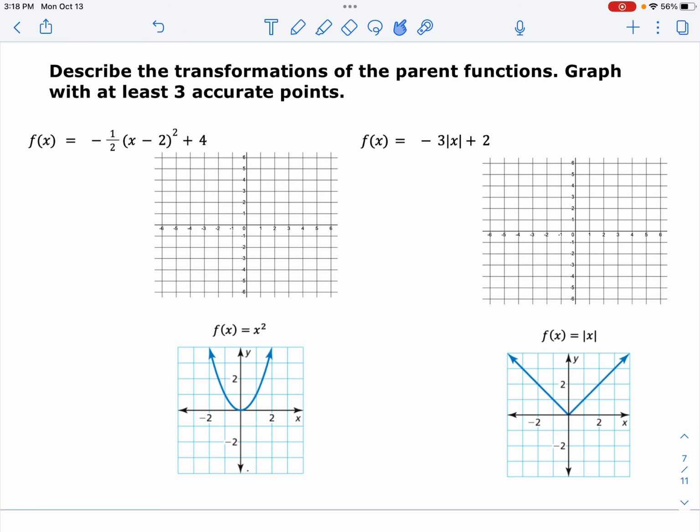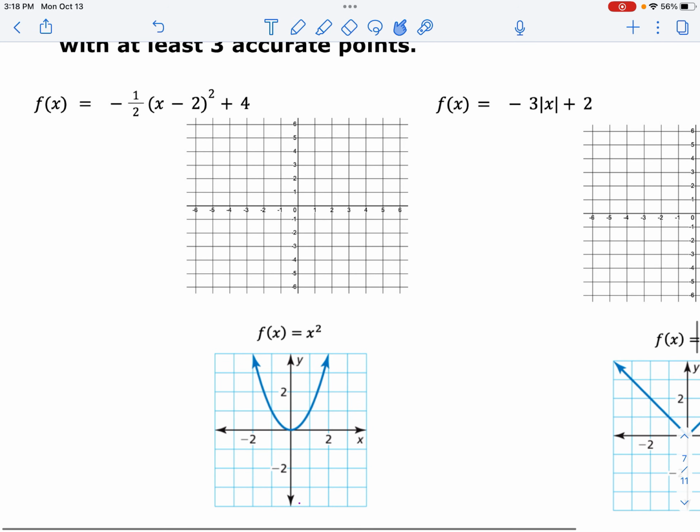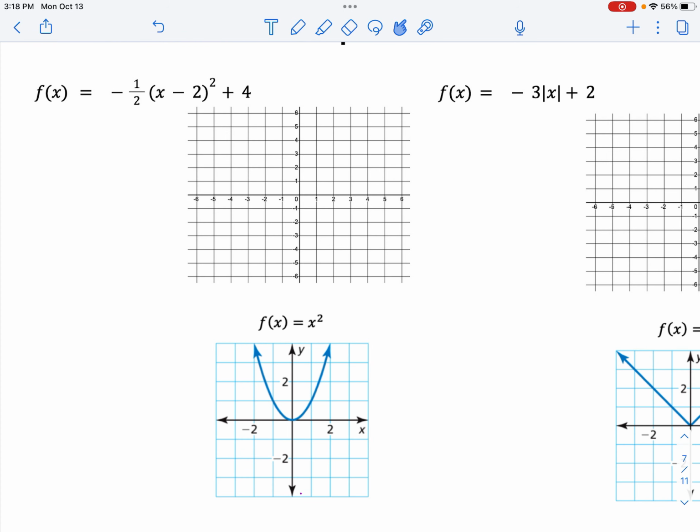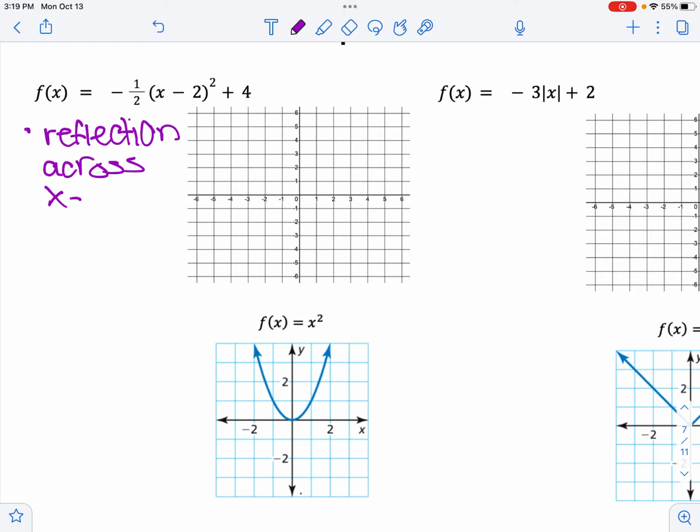Okay, this one over here on the left is a quadratic function. The negative, that is a reflection across the x-axis.